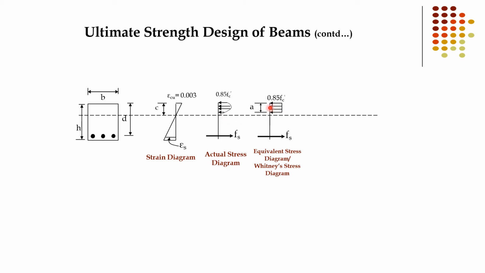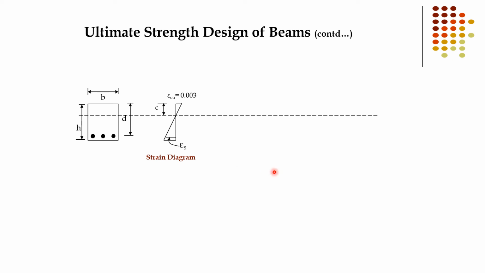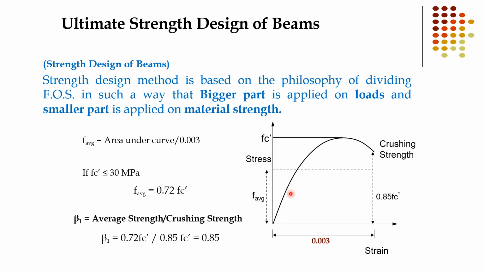That is basically the main philosophy given by Whitney, a scientist who developed the derivations for concrete, the equivalent stress diagram, or Whitney's stress diagram. Here is the actual stress strain diagram, and here is the equivalent, that is f average.